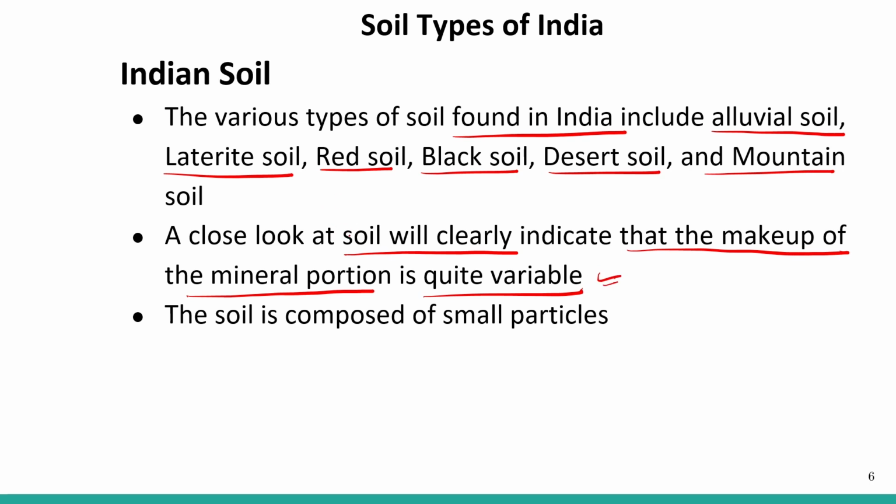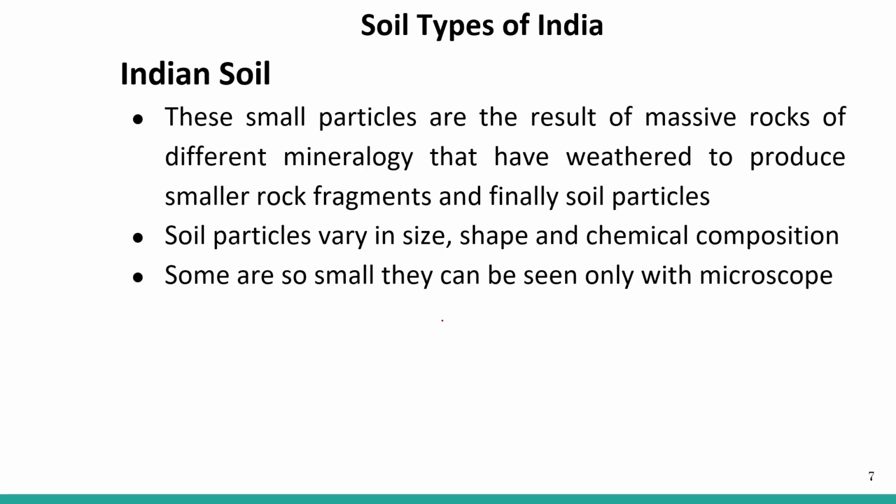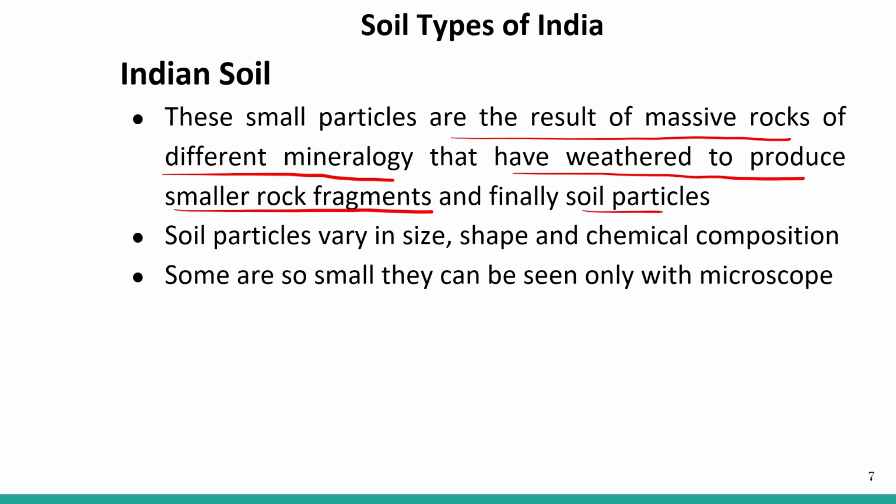If we look at the soil closely, the mineral proportion is not the same in all types. Soil is basically composed of small particles. These small particles are the result of massive rocks of different mineralogy that have weathered to produce smaller rock fragments, and finally soil particles.